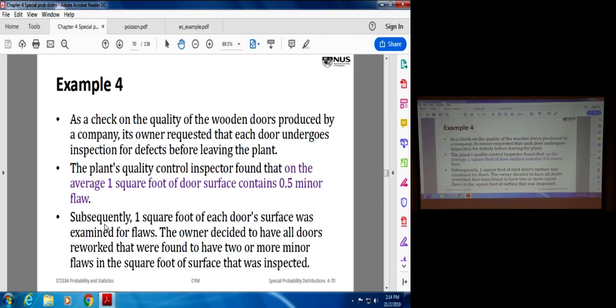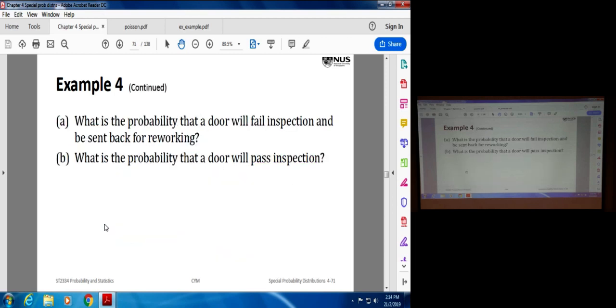Not floors, doors. Okay, so the question is, initially, the wording is okay actually: what is the probability that a door will fail inspection and be sent back? And then we'll talk about B afterwards.